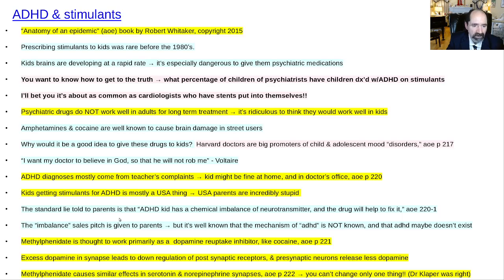The standard lie told to parents is that ADHD is caused by a chemical imbalance of a neurotransmitter and the drug will help to fix it. But that's not true, and psychiatrists know that's not true. But that's often what gets told to families and parents. It's well known that this imbalance sales pitch is bogus. Methylphenidate is thought to work primarily as a dopamine reuptake inhibitor. So it's sort of like what an antidepressant is as a reuptake inhibitor for serotonin, for example, or the SNRIs also for norepinephrine.